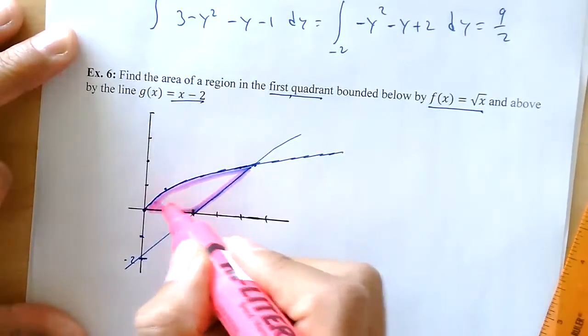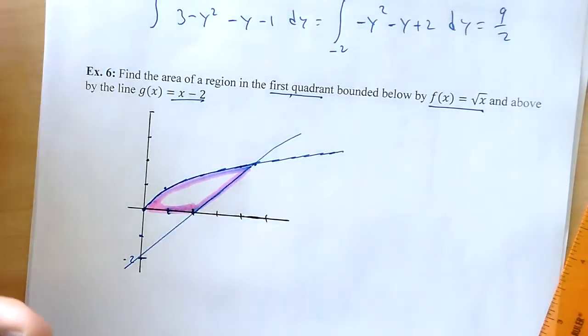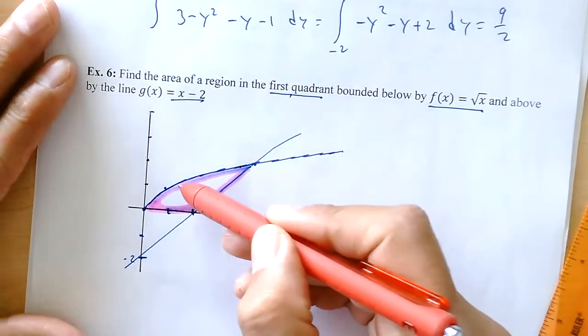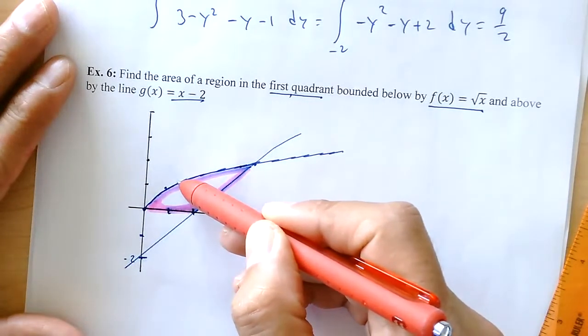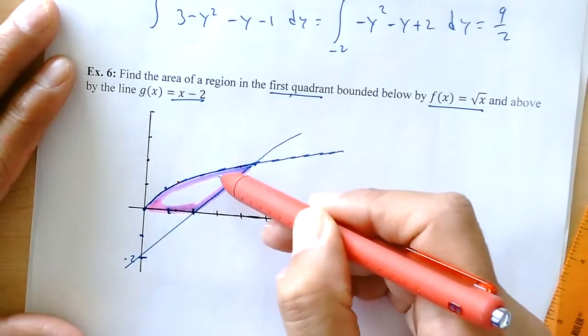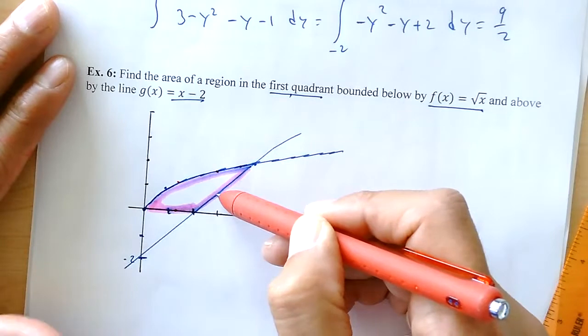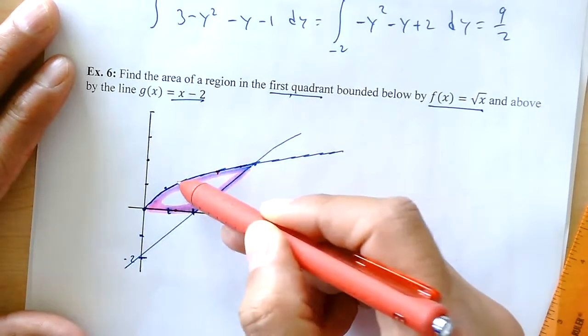And when I find this area, I am not going to do top minus bottom. That top function can go down to the x-axis. But here I have a top function going down to that curve or that line. So I don't want to do top bottom and then top bottom.